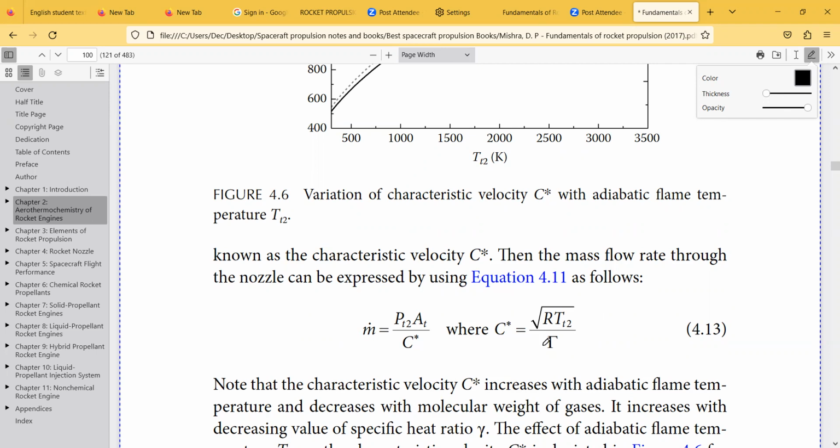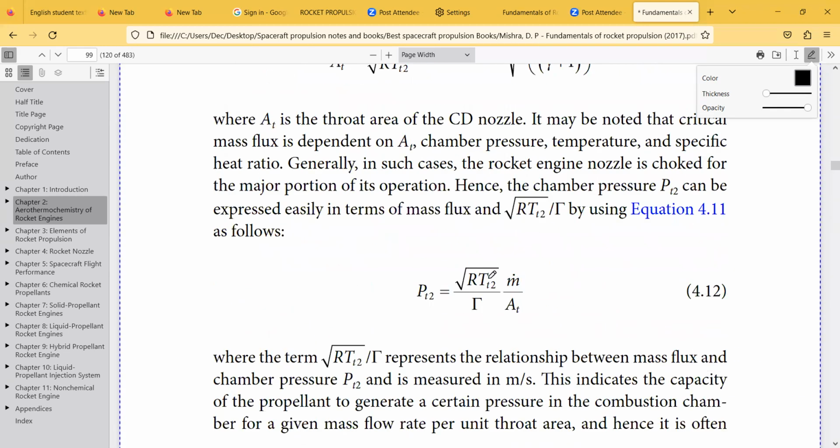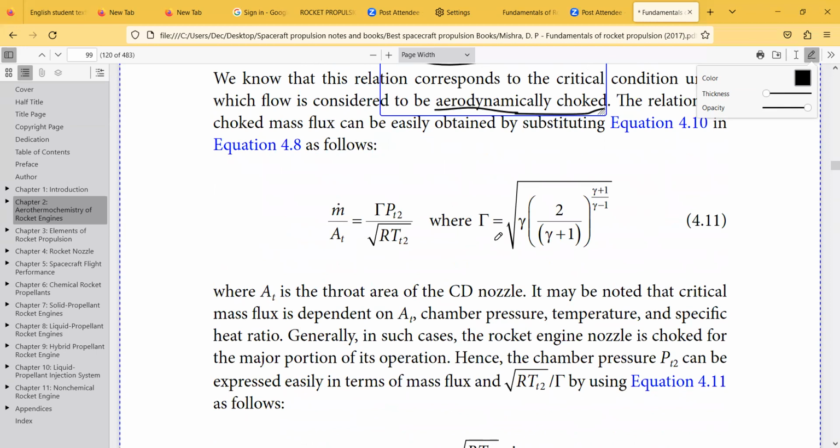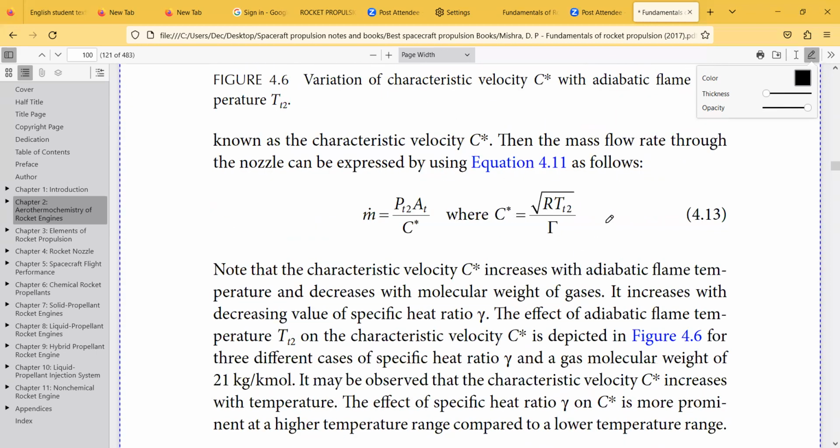Because we have another gamma, let me call it rho, because it has no defined meaning, it is just an indication of some parameter. So this is the C star value. Okay, so we can calculate C star from this equation.